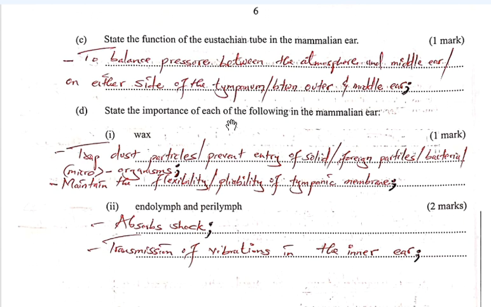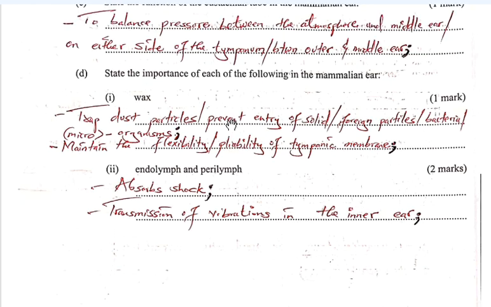Then the wax also maintains pliability or the flexibility of the tympanic membrane. Then endolymph and perilymph, these are fluids which absorb shock, thus preventing mechanical damage to the ear. Then they also transmit vibrations in the inner ear.